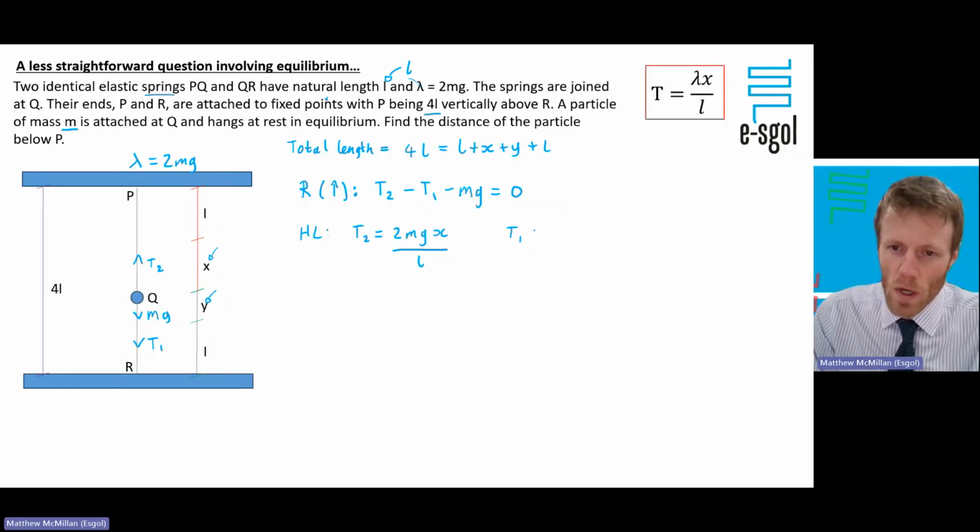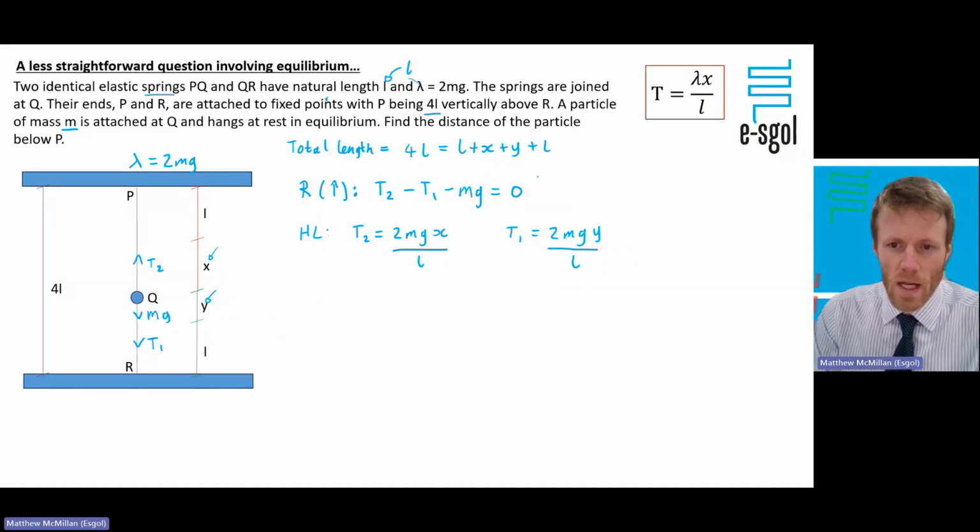So we're looking at T1 here, and that's going to equal 2mg times y, because the extension for the bottom one is y, divided by the natural length of L. The natural length of both of them is the same.